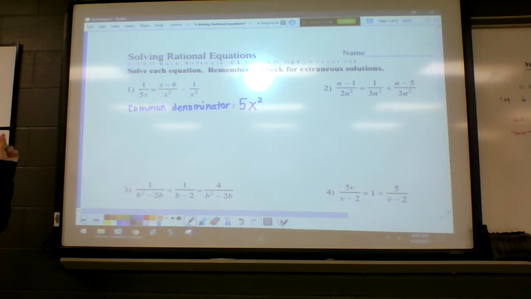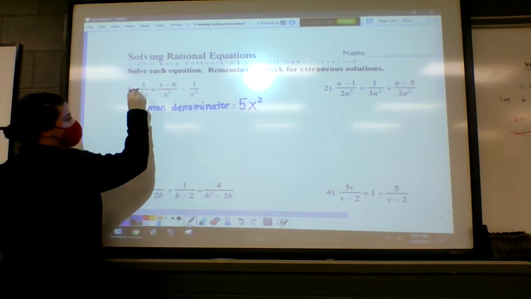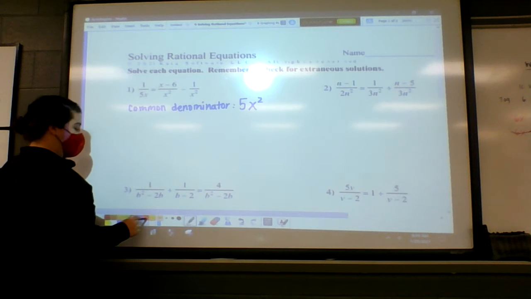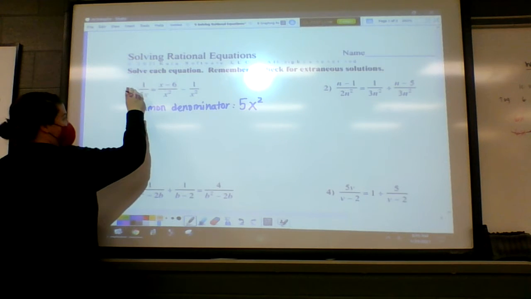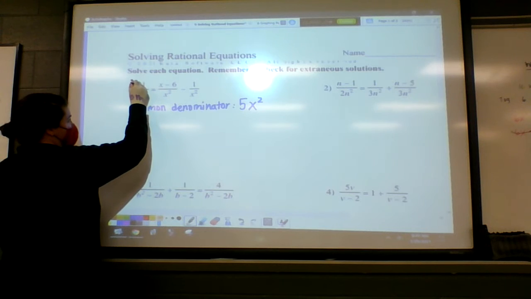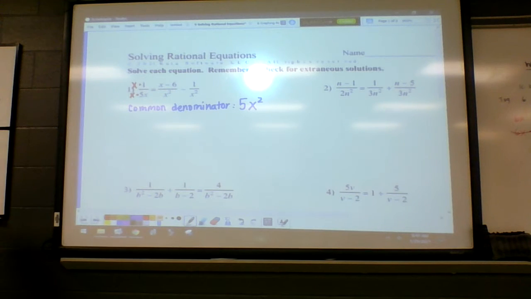So we're going to multiply each fraction, each denominator, by what we need to get to 5x squared. If you have 5x, what do you need to multiply to get to 5x squared? This one's going to be times x on the bottom and times x on the top. You can just put x instead of 1x. That's fine.